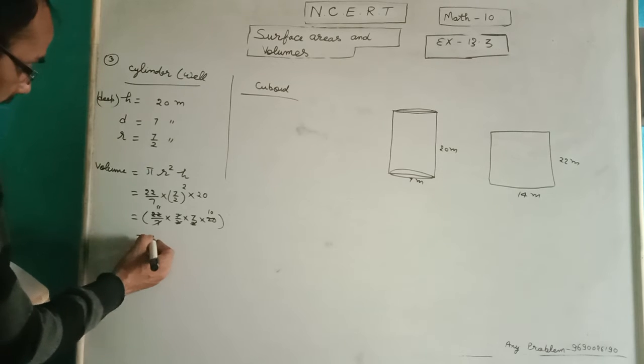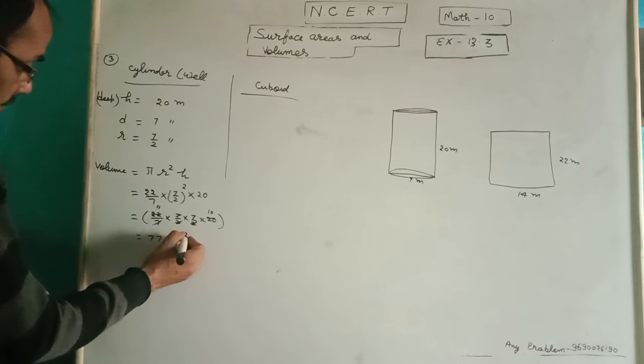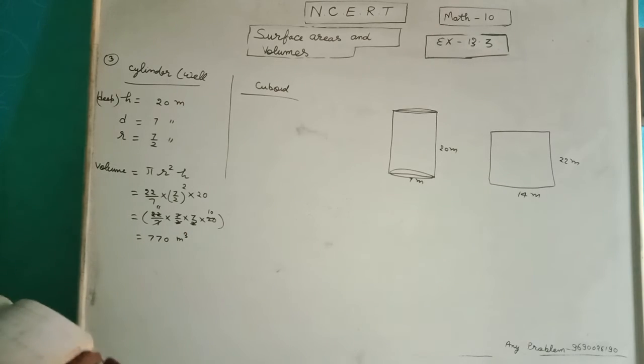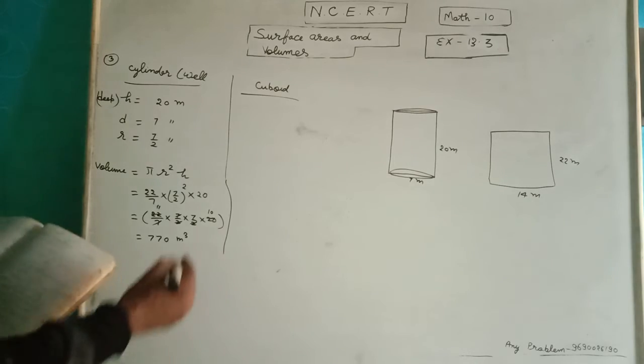After multiplying, 770 meter cube is the volume of earth dug out from the well.